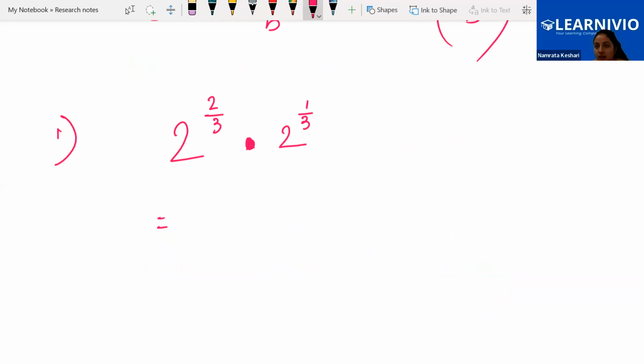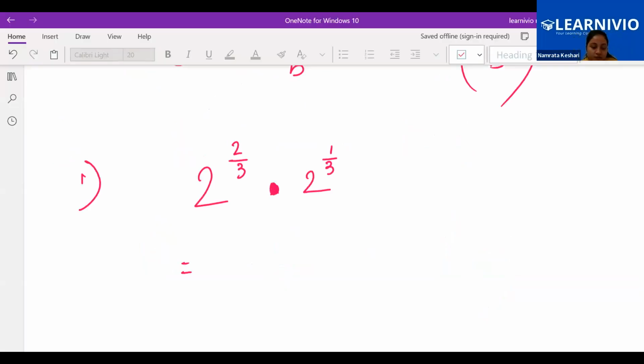Arhan, Samya, Saad, what will you be getting from here? Ma'am, can I tell? Yeah, please. Ma'am, it would be 4 to the power 2 upon 3 into 1 upon 3.